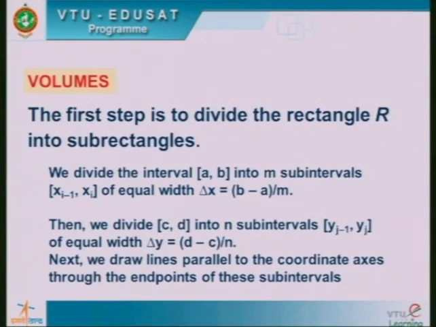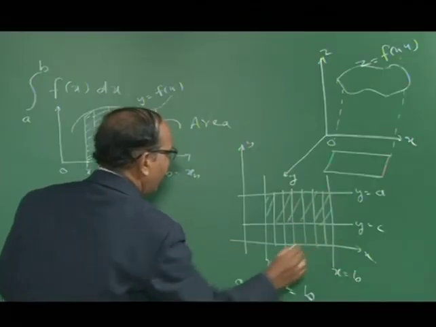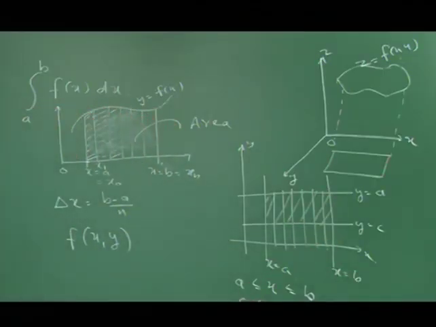How to divide them? First, we divide the interval AB into m number of sub-intervals. You draw lines parallel to the y-axis, m number of sub-intervals. Each interval is x_{i-1} to x_i.